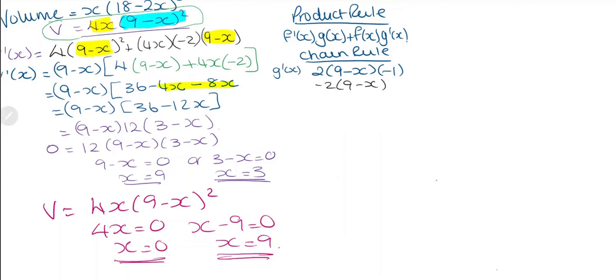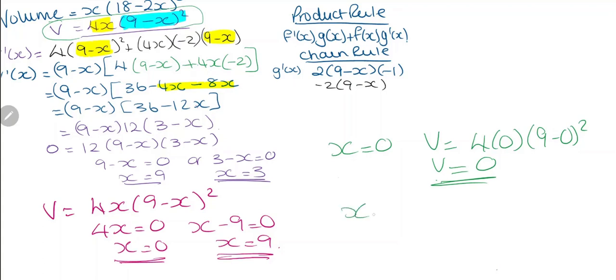So I'm going to substitute to find the values. When x is equal to 0, our volume will be 0.